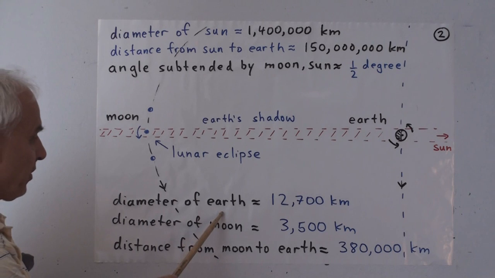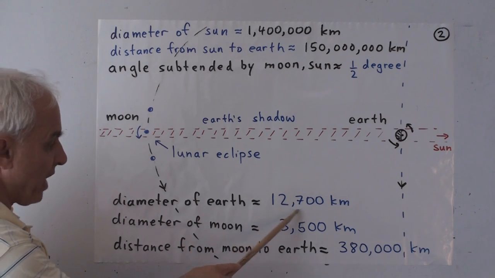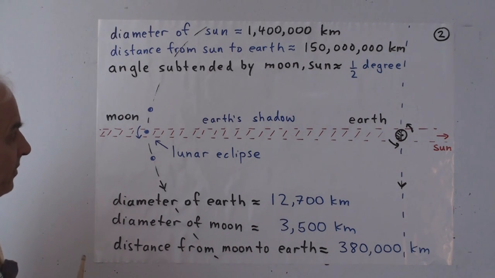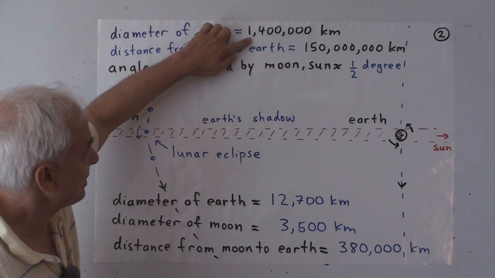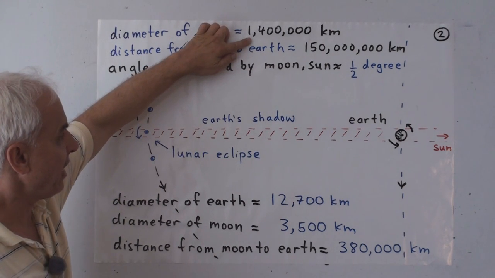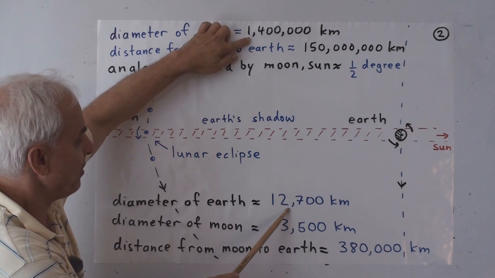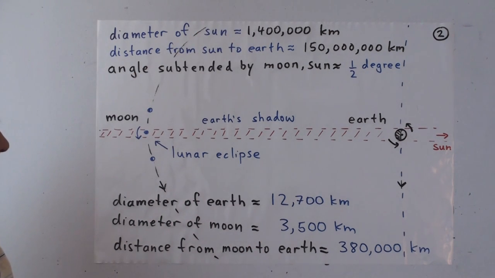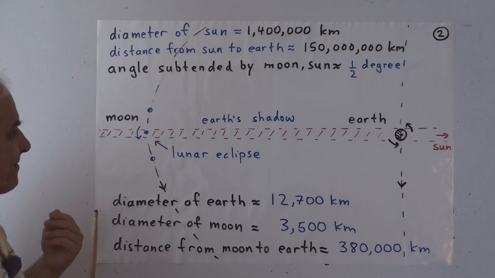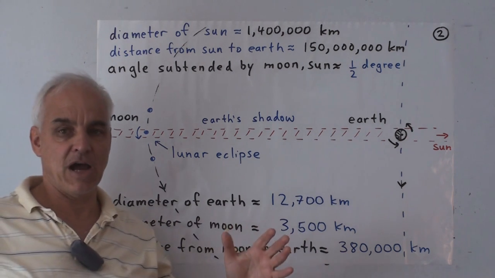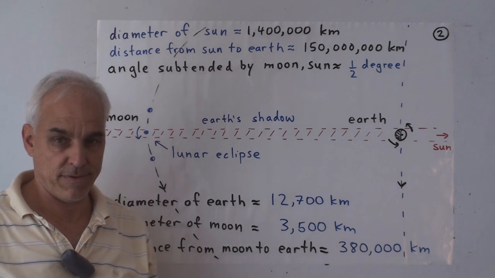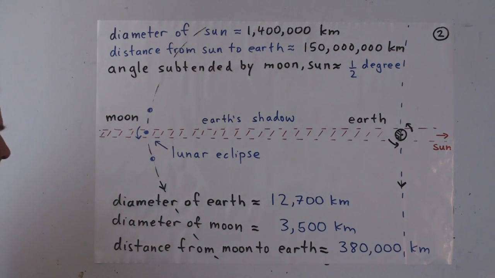The diameter of the Earth, on the other hand, is 12,700 kilometers. And the ratio between these things is roughly 100 to 1. If you multiply this by 100, then pretty well you get something like this, maybe a little bit more than 100. So the sun is about 100 times the size of the Earth in terms of its diameter.